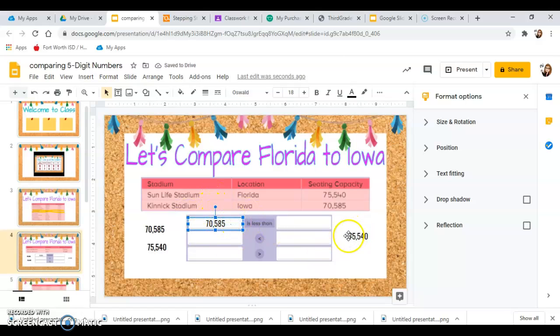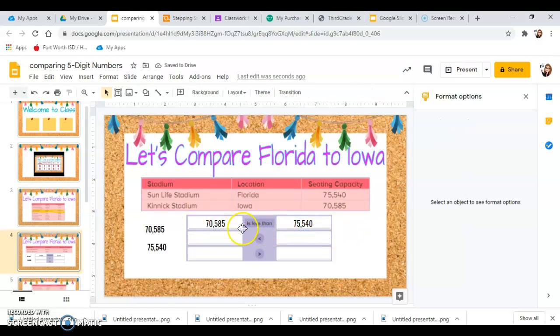And then I'm going to put 75,540 in the second spot. I'm placing them there so as we read it, it makes sense. Listen, 70,585 is less than 75,540, which makes sense because I just discovered that 70,585 was the smaller number, or was less than the other number.